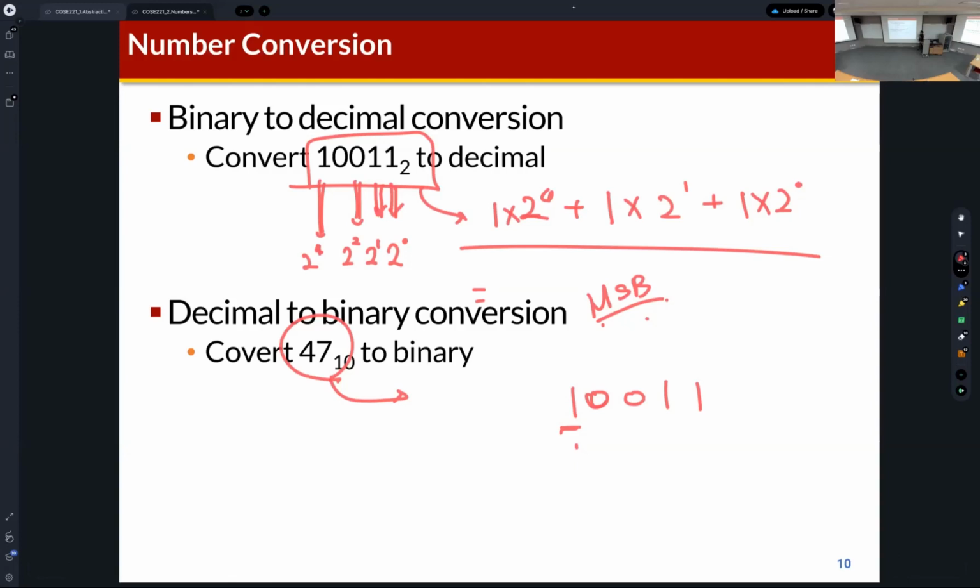Then what is the least significant bit? LSB. It's this one. I frequently use this terminology, MSB and LSB. The most significant bit is the leftmost digit of the binary number, and the LSB, the least significant bit, represents the rightmost bit of the binary number. Okay.